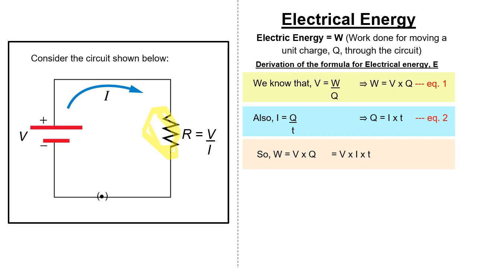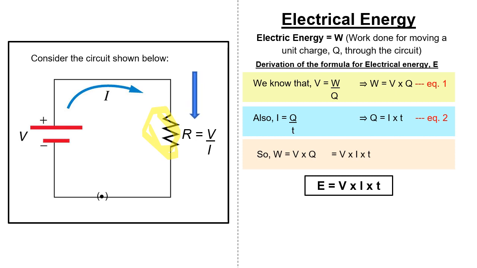What was the work done? It was the electrical energy, right? So electrical energy now becomes V times I times T. So that is the basic formula for electric energy.